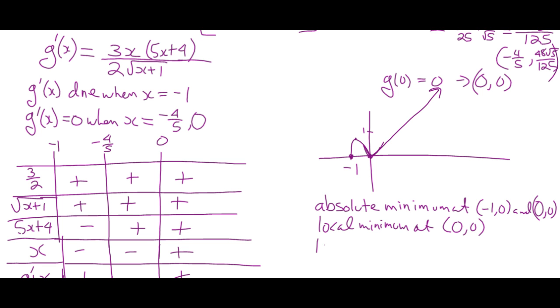And we have a local maximum at negative 4/5 and, excuse me, 48 root 5 over 125, right, which we figured out was less than 1. And that's what's going on here.